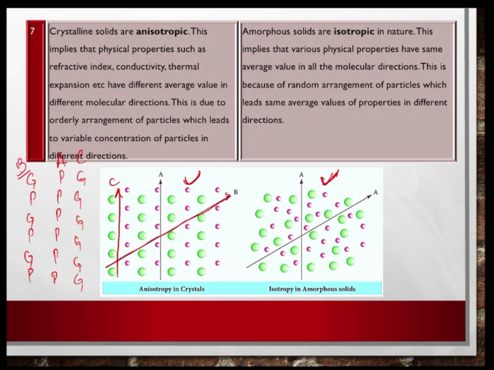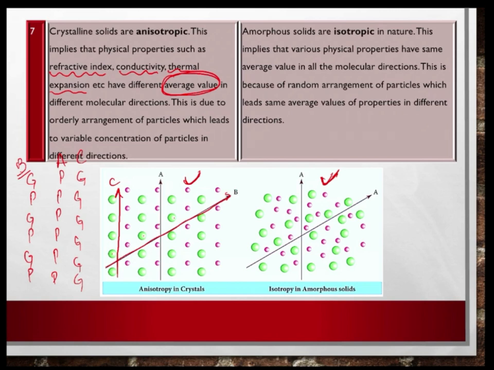And since the concentration of the particles is changing, the average value, understand this, average value of certain physical properties. Which are those physical properties? Refractive index, conductivity, thermal expansion, electrical resistance. All these are physical properties which have different average values in different molecular directions.